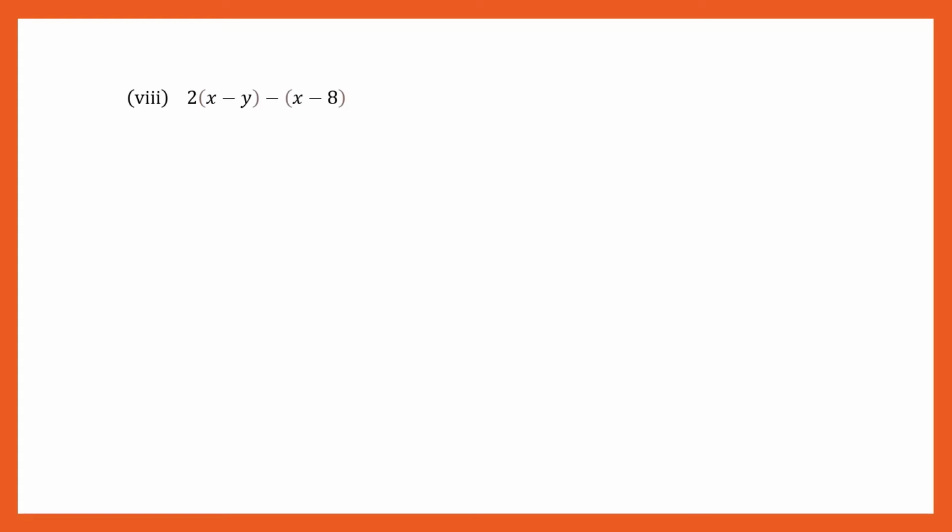Eighth one. 2 into x is 2x. 2 into minus y is minus 2y. Okay. Then on the other side we have minus into x is minus x. And minus into minus 8 is plus 8.